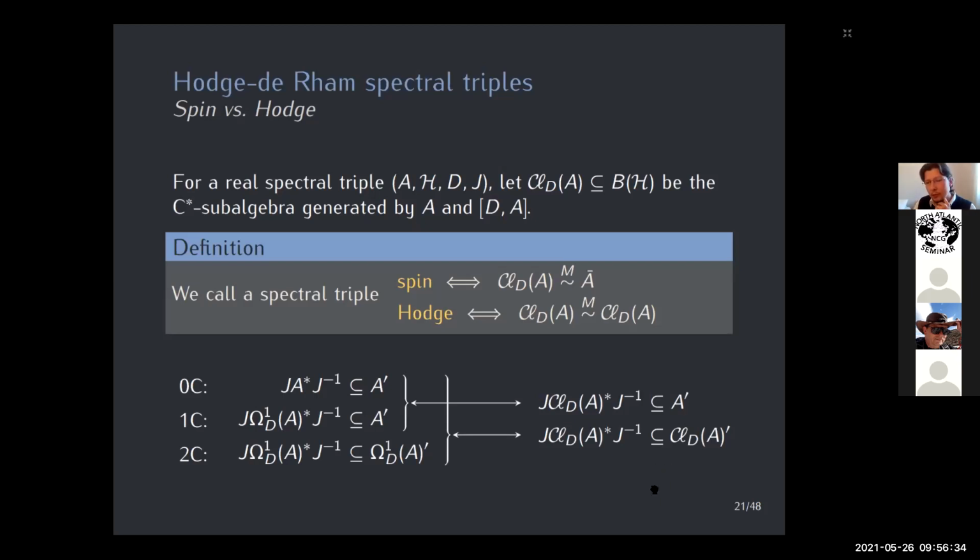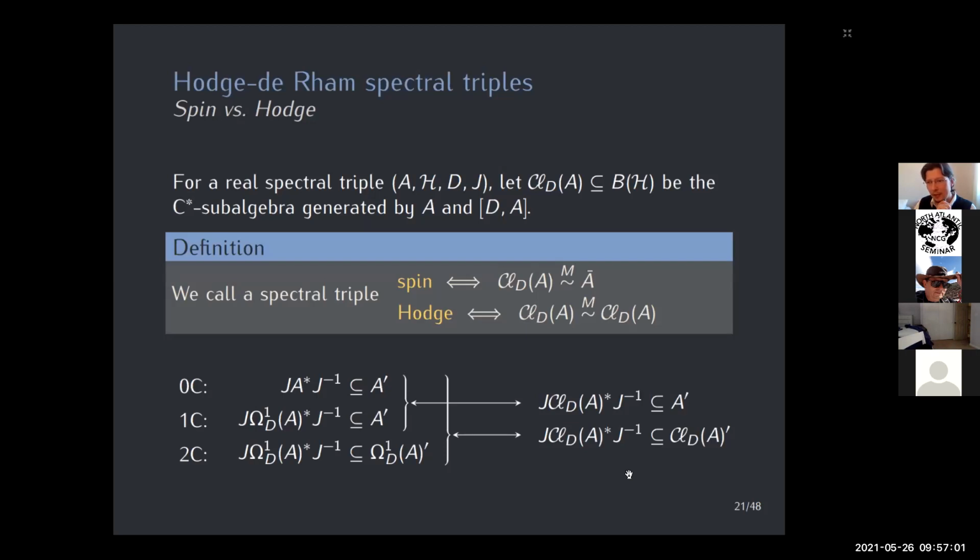So I'm confused. So what's important? Or is it, Adam, that you can state, on the next slide, that such a spectral triple is indeed real with some J, and then it provides this Hodge duality?